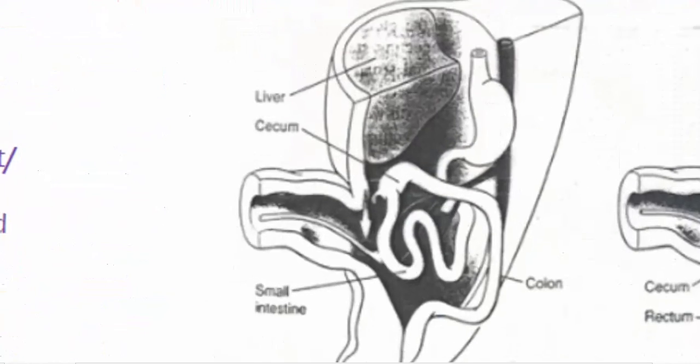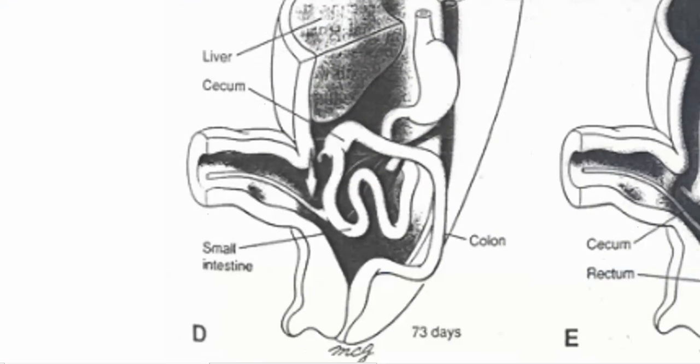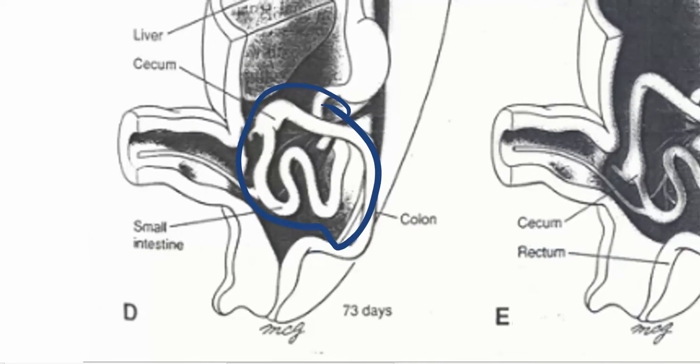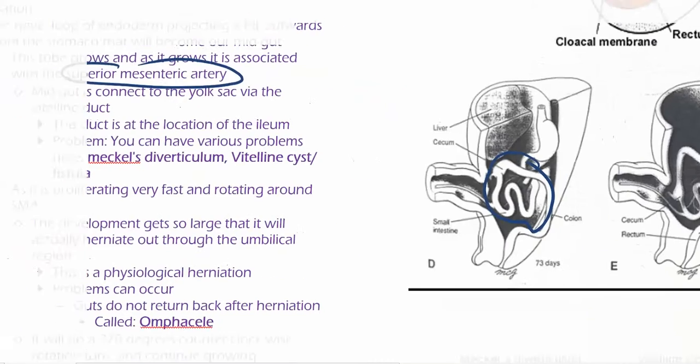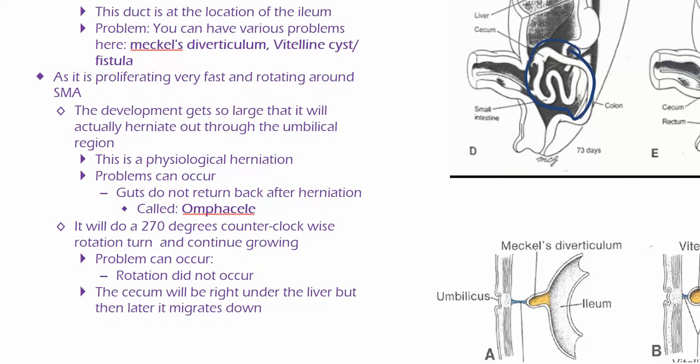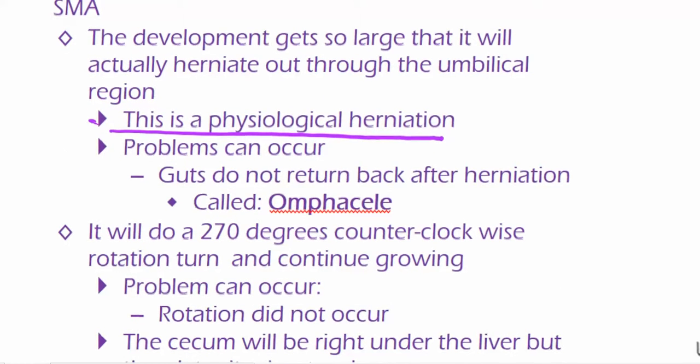And that's what you see here. So after it herniated, now it actually returned back. This is what Dr. Baker said in class. This herniation is known as a physiological herniation. It's normal, it's natural.